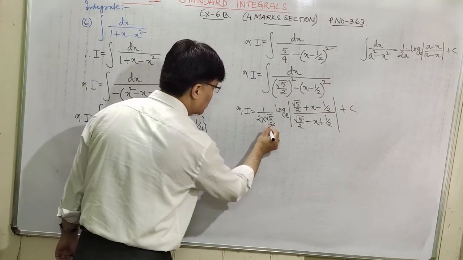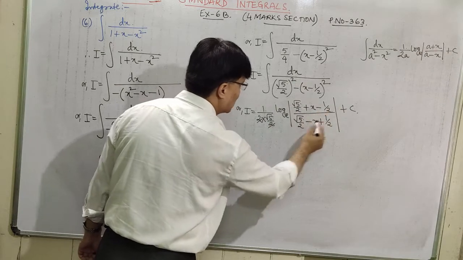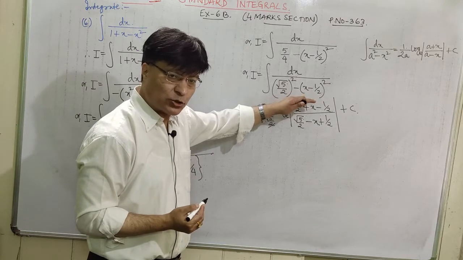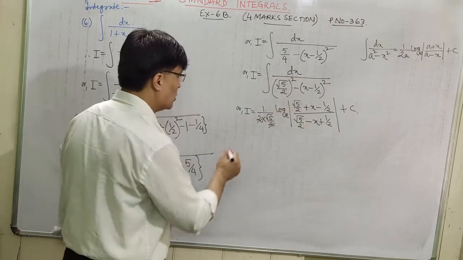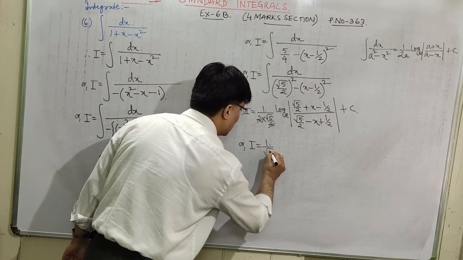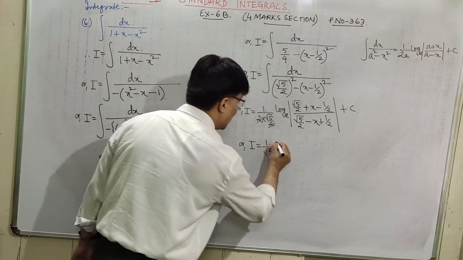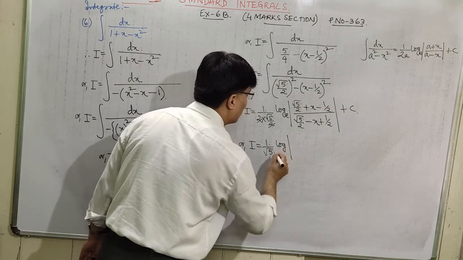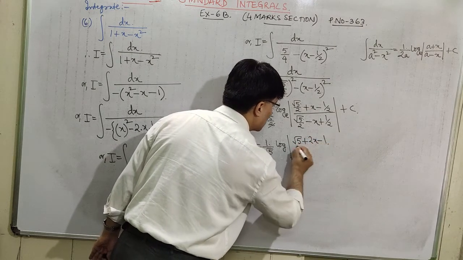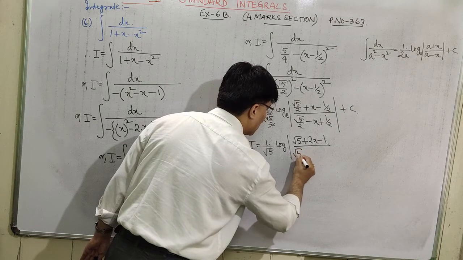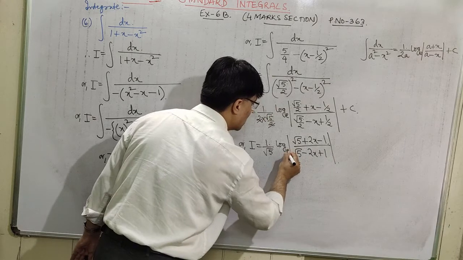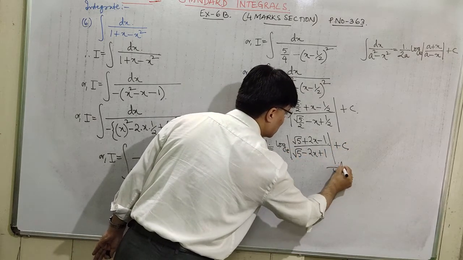Here the 2 gets cancelled in the numerator and in the denominator, so you can simplify the terms. The LCM in the numerator is 2, and in the denominator it is also 2. So I is equal to 1/5 log within mod root 5 plus 2x minus 1, divided by root 5 minus 2x plus 1, mod sign closed, the base is e, then plus c.